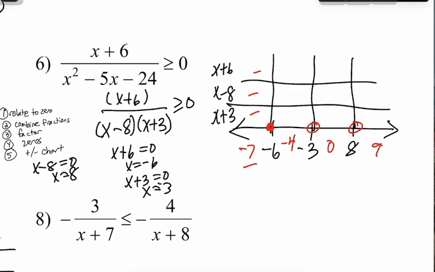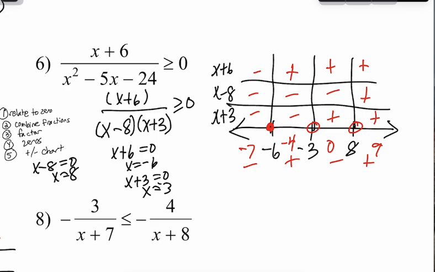If I plug in -4 to everything, I get a positive. I get a negative. I get a negative. 2 negatives make a positive. If I plug in 0, I get a positive, a negative, and a positive, which is a negative. If I plug in 9, I get a positive, positive, positive, which is a positive.